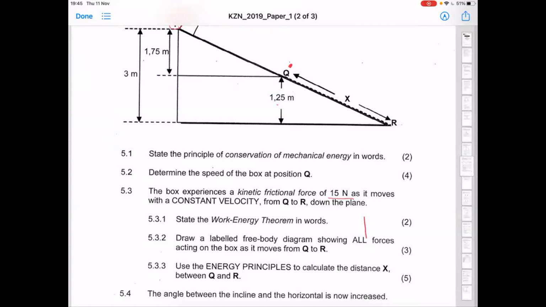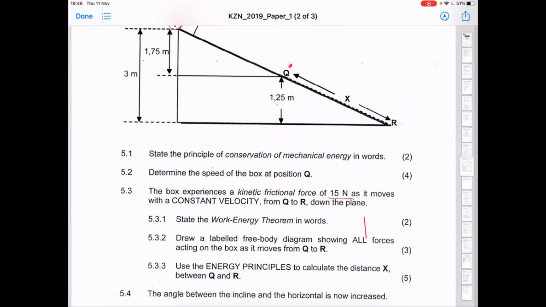If we use energy principles, they asked us about the work energy theorem. So the work done is the change in the kinetic energy. It's moving at a constant velocity, which means the change in kinetic energy is 0.